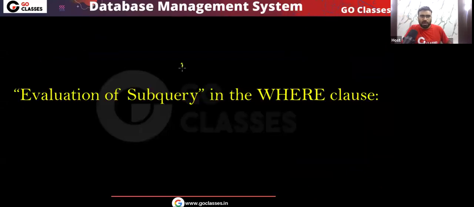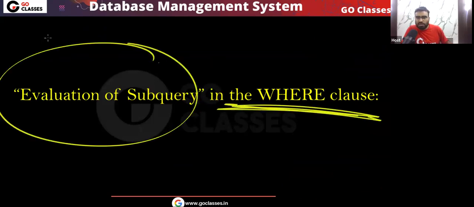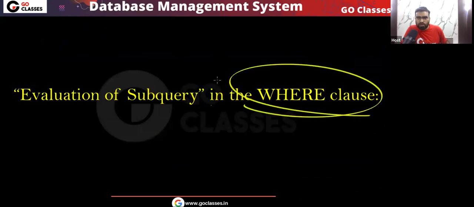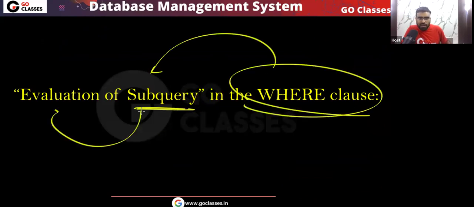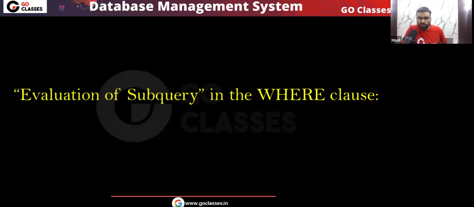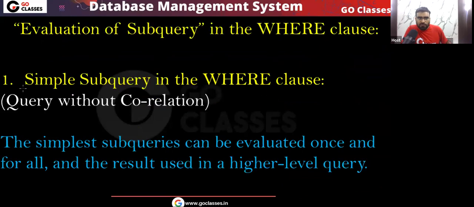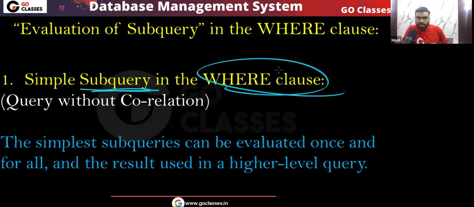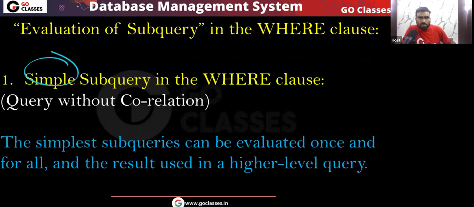Now let's move on. Now let's see evaluation of subquery in the where clause. If you have a subquery in the where clause, then how to evaluate? This is what we need to study. First, if you have a simple subquery, meaning without correlation, then it is very simple.